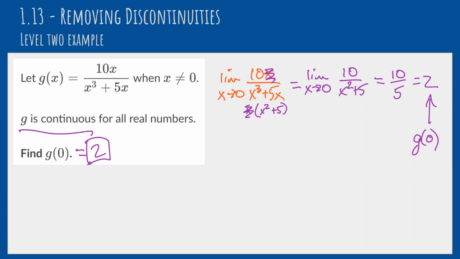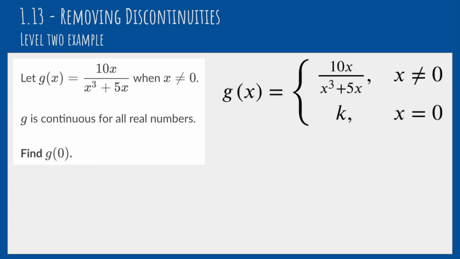We might see this question asked in a slightly different way. Instead of giving this information here, we might be given g as a piecewise function and be told, hey, g is a continuous function. Let's solve for k. Essentially what that's doing is it's saying, find the value of g of 0. So when we plug 0 in for x, what do we get for k? And the work's going to be the same.